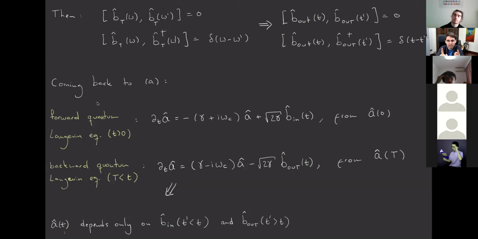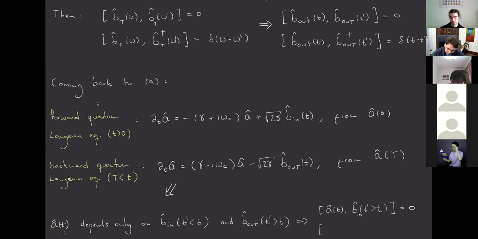So if they are not at the same time, they commute, then this automatically means that if you take the commutator of A of t with B_in of t prime larger than t, this is equal to 0, because you will have the commutator of B in the future with B in the past, and that's equal to 0 because they are at different times.